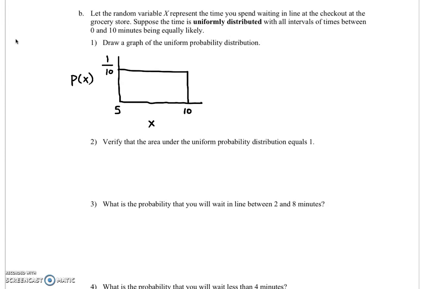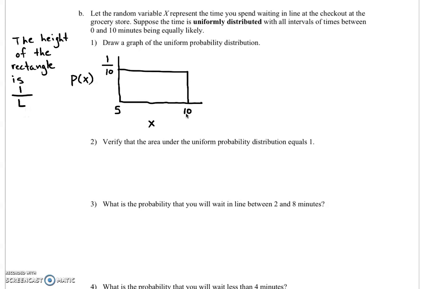So we should make a note that the height of the rectangle is 1 over the length of the rectangle.